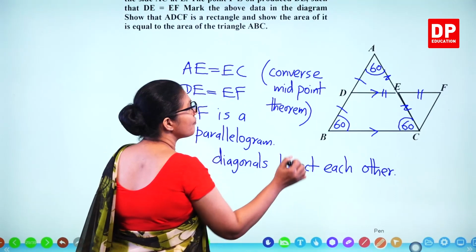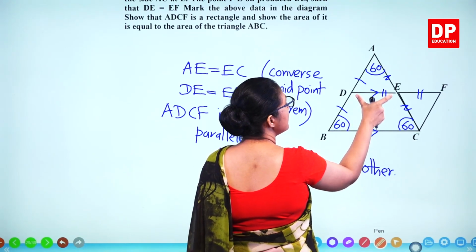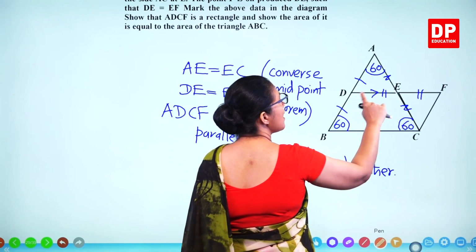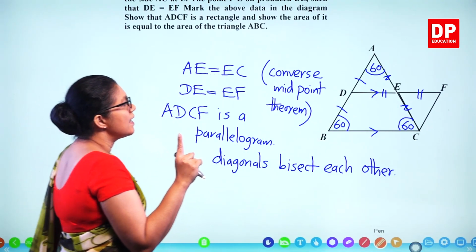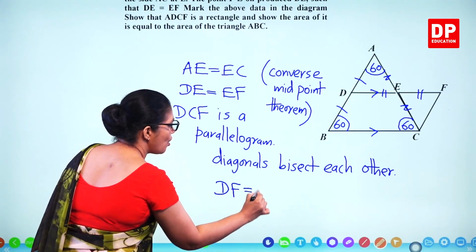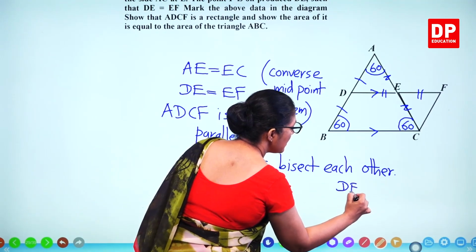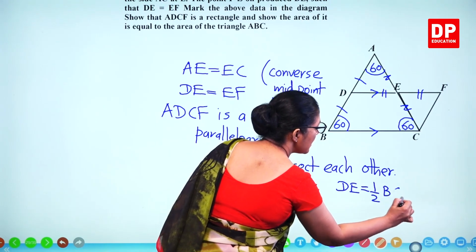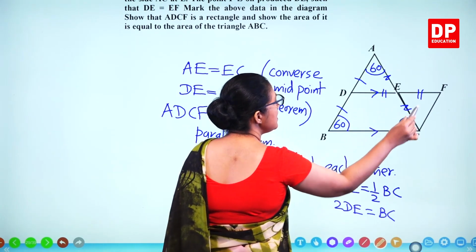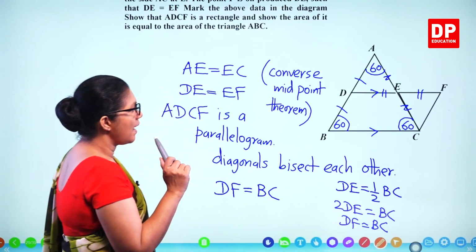Now see, we know this length is half of that. Half of BC is this one. But this length and this length are equal. You can say DF length is equal to BC, because we can say DE is half of BC. 2 times DE is BC, but 2 times DE is DF. So you can write that.